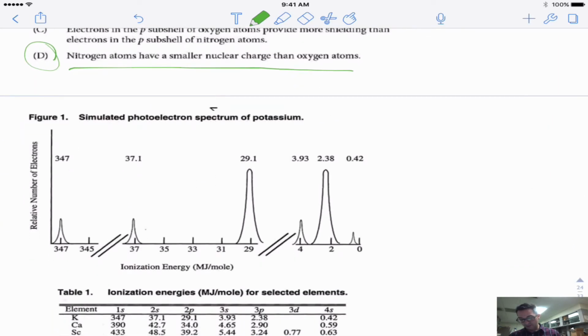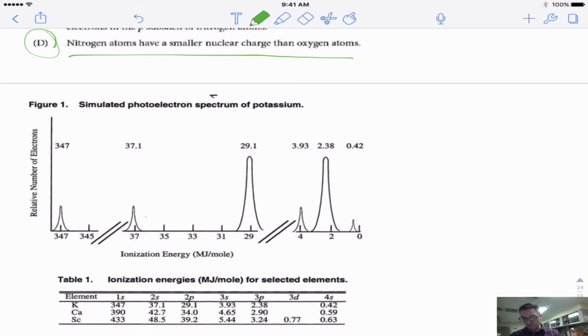All right, here's another one. Let's see if we could figure out what element this is. They tell us that it's potassium. Let's see if they're right. Again, this is closest to the nucleus here. Notice it's the highest ionization energy. 1s2, 2s2. Does this peak right here look about 3 times? I would say yes, so I would say this is 2p6.